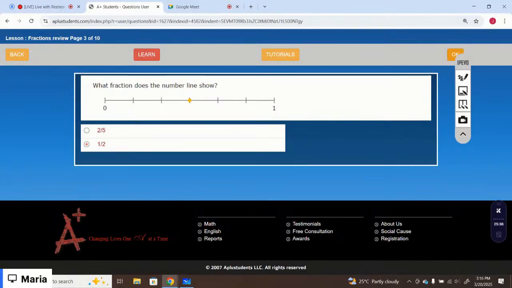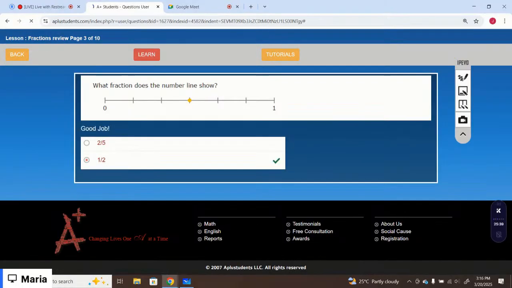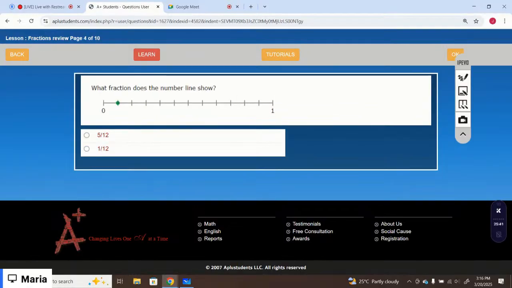Option number 2 is the correct option. What fraction does the number line show?